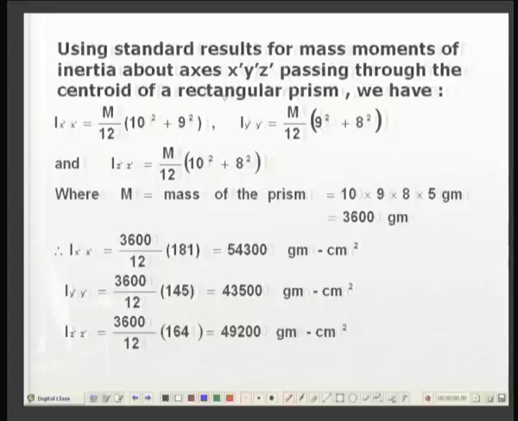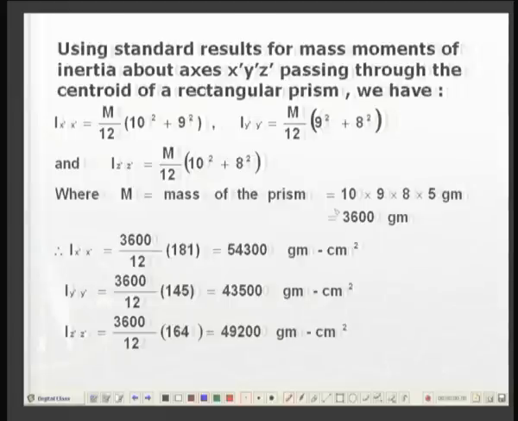Similarly, I y dash, total mass divided by 12 into the 2 dimensions perpendicular to y dash axis, that is 9 square and 8 square, and similarly I z dash. So, the 3 moments of inertia about the x dash, y dash, z dash axes are obtained. Now, the total mass of the solid prism, you can see, is 10 into 9 into 8, this is the volume. Now, 5 grams per centimeter cube is the mass density.